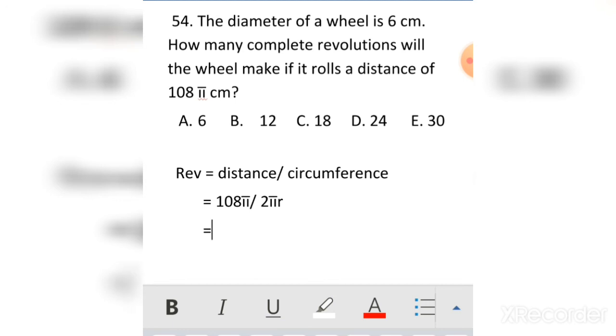So 108 divided by 2 is 54, and pi divided by pi equals 1, so 54 times 1 is just 54.